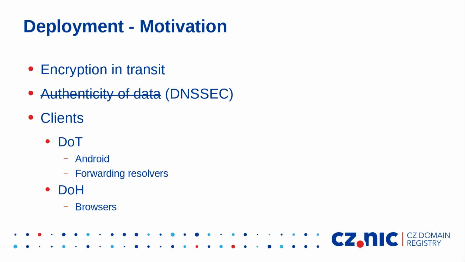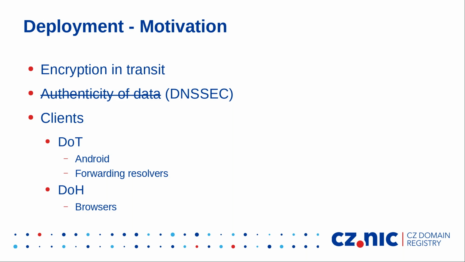If you use these protocols, then the data is encrypted in transit, so nobody on the network can really snoop into the contents of the DNS queries and replies that are being exchanged.